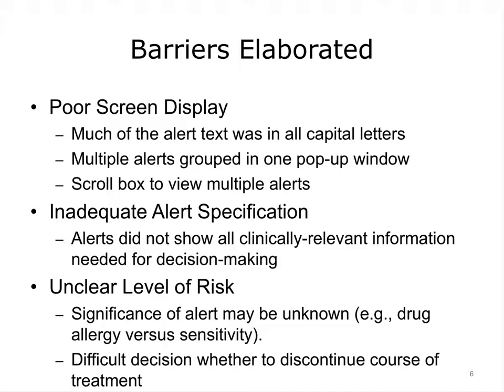We already talked about the unclear level of risk for a given alert and whether it overrides other factors that were part of the original decision strategy. For example, should a clinician discontinue an effective medication because the patient shows evidence of drug sensitivity? That is clearly a difficult decision to make.